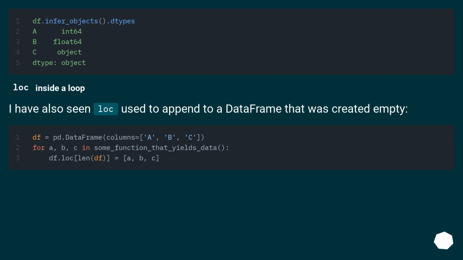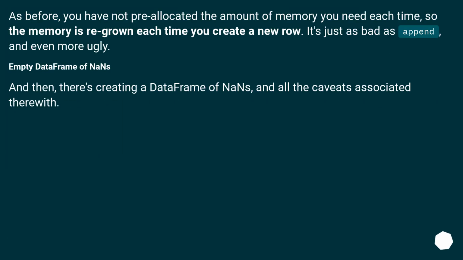I have also seen loc used to append to a data frame that was created empty. As before, you have not pre-allocated the amount of memory you need each time, so the memory is regrown each time you create a new row. It's just as bad as append, and even more ugly.